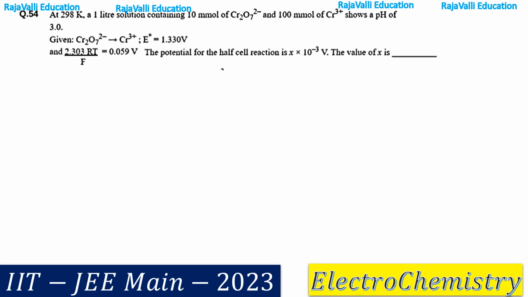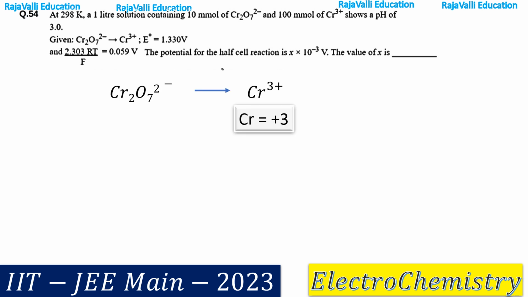Given dichromate gives chromium 3 plus, its E0 value is 1.330 volt and 2.303 RT by F equals 0.059 volt. The potential for the half cell reaction is X into 10 to the power of minus 3 volt. What is the value of X?